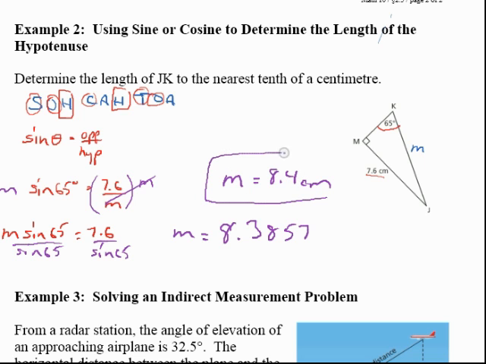Put a nice box around it, or actually let's label this JK. Is that reasonable? Does that look like a 65-degree angle? Yep. And if the long side here, the opposite, is 7.6, is 8.4 a reasonable measurement for m? Yeah, I would say yes.